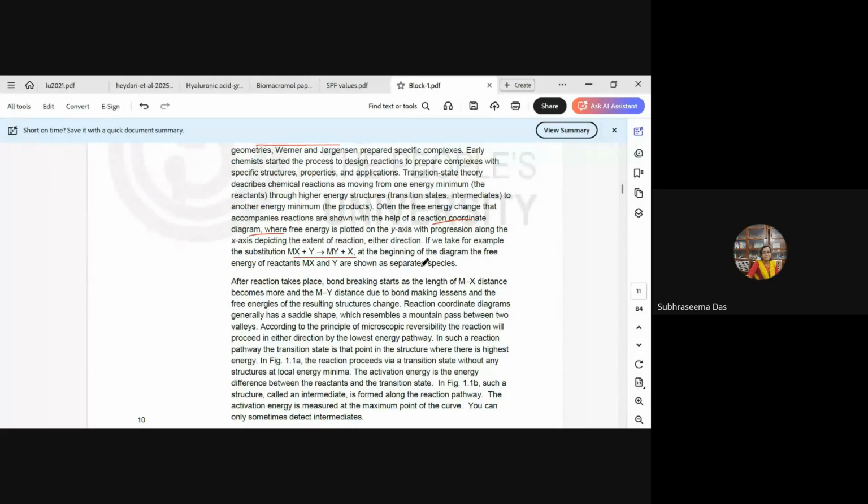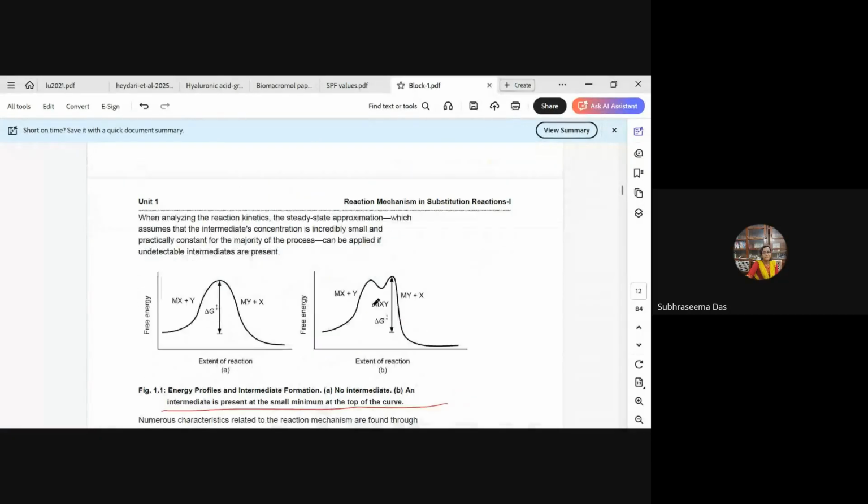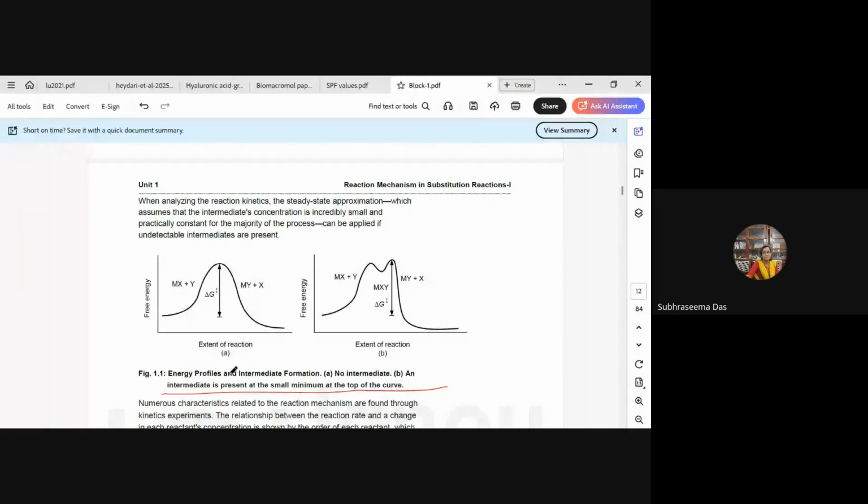When we look into this type of reaction, in figure 1.1 you can see the energy profiles and the intermediate formation. In figure 1.1a, the extent of reaction is on the x-axis and the free energy is on the y-axis. At the beginning, there is a certain amount of energy of MX plus Y, the reactant.